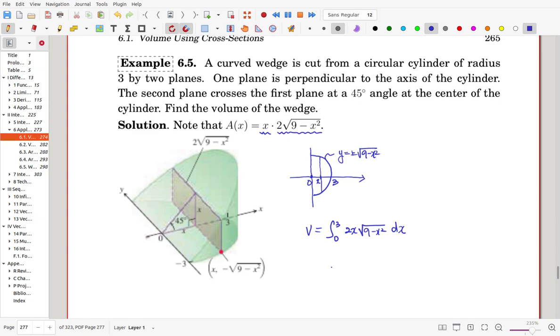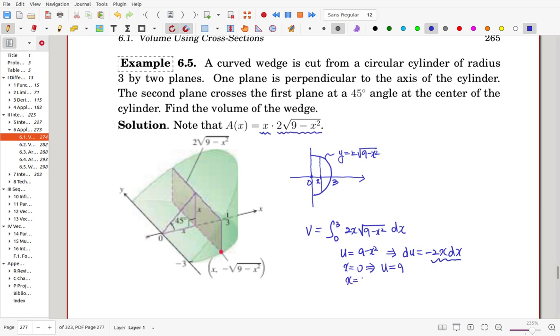Let's try to use the substitution technique. u equals 9 minus x squared. Then du equals minus 2x dx. So 2x dx will be replaced with minus du. And x is moving from 0 to 3. When x is 0, the lower bound, u is 9.